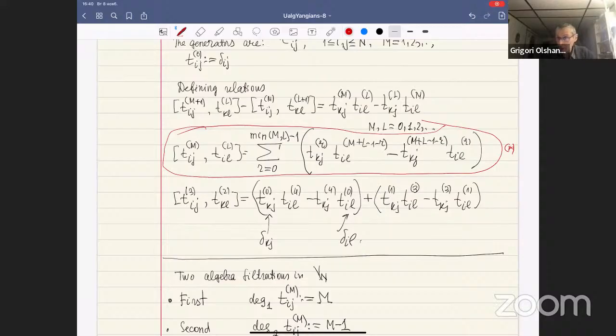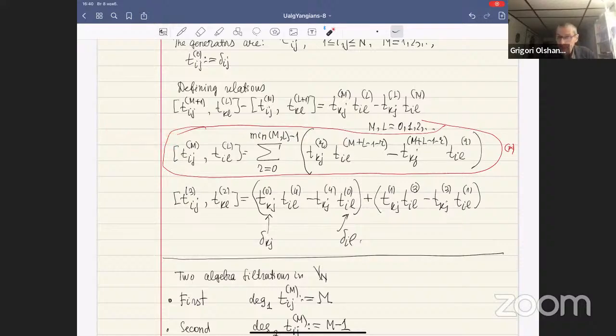So the idea is that we have to neglect the lower degree terms in this formula. We have to understand what is the degree. The degree of this term is m minus 1 and L minus 1. So the total degree is m plus L minus 2.